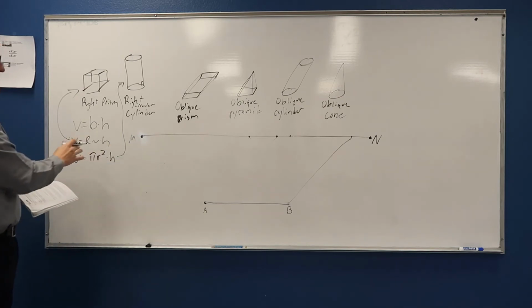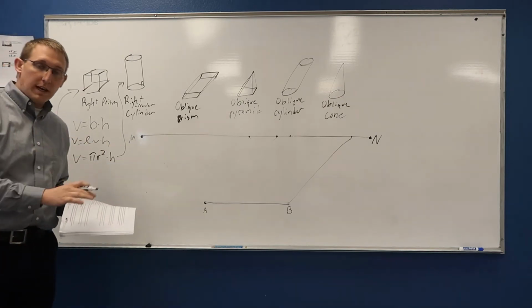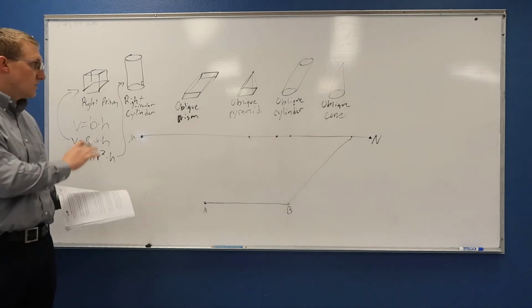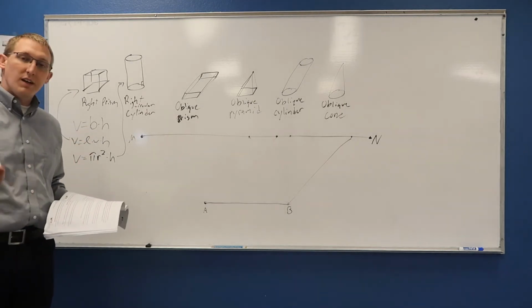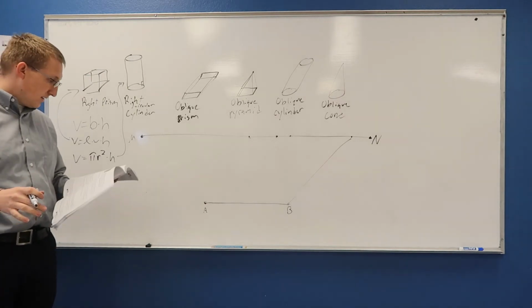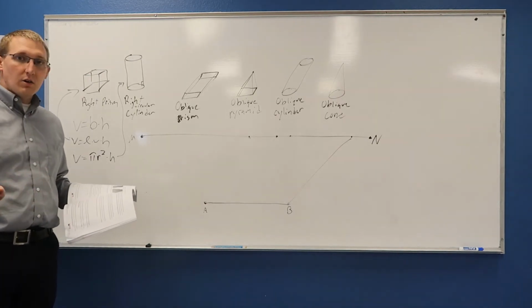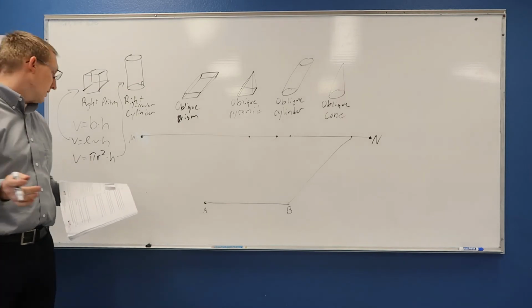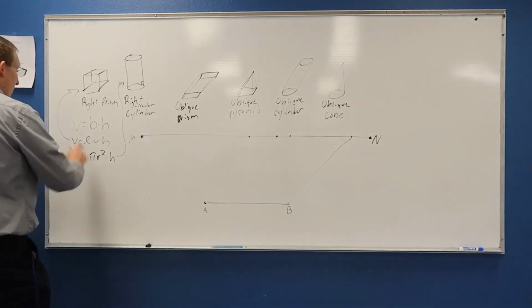And then if you had right pyramids and right cones, I didn't draw those up here because I didn't mention them, but look back in either the homework of 5.11 or the module of 5.11, and you'll see what they look like.